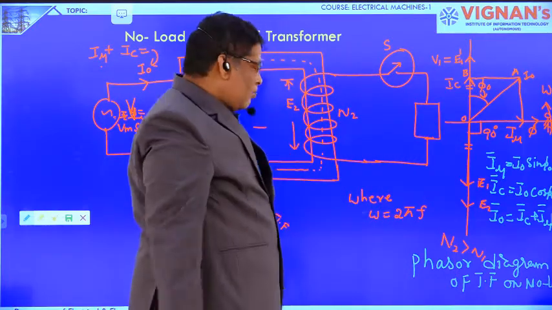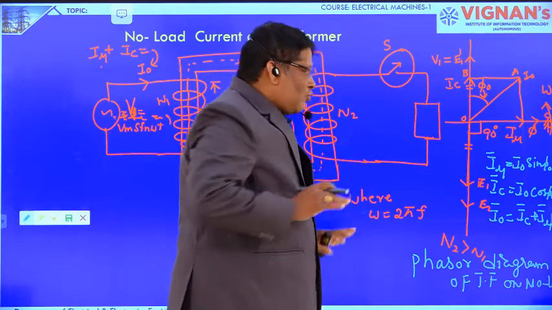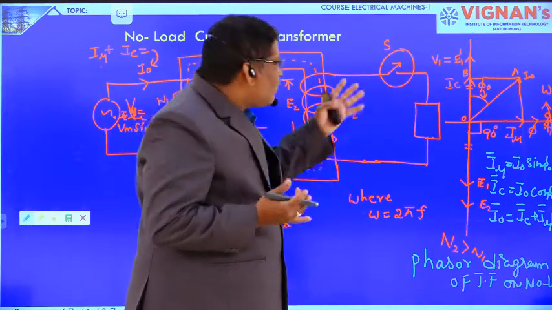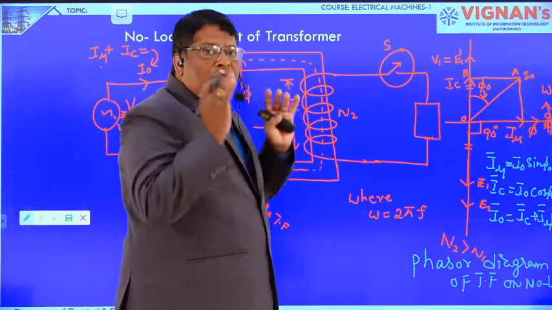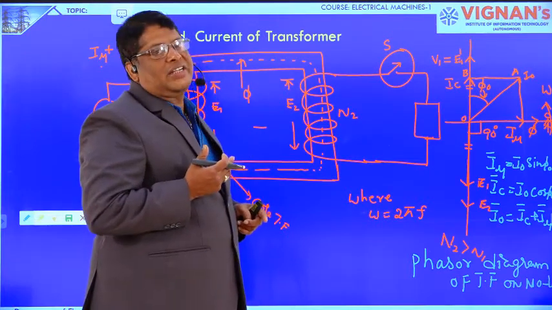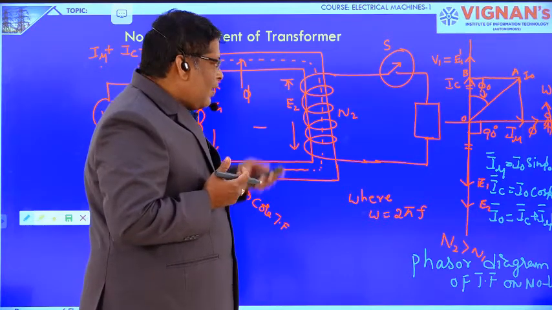The phasor diagram of a transformer on no load is the diagram without applying any load on the transformer. What we can understand from this phasor diagram is the phase relation as well as the magnitude of the physical quantities in a transformer. This is the no load phasor diagram of a transformer.